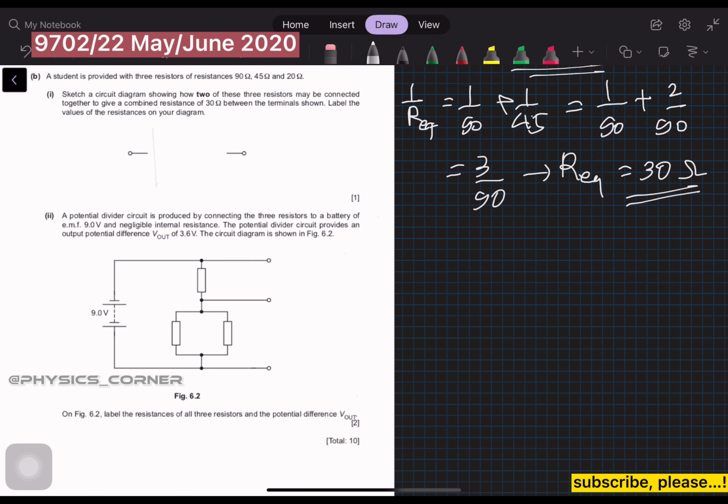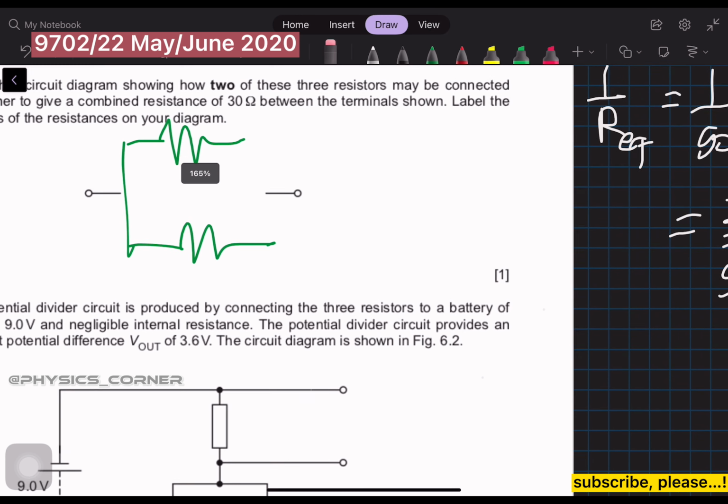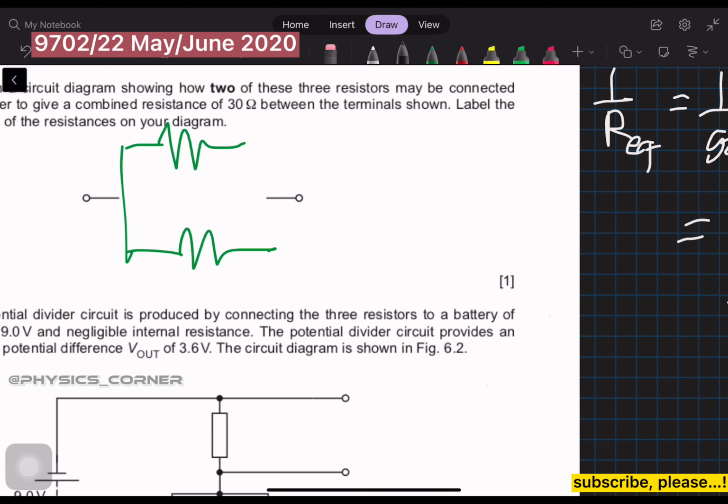Yeah, we can draw it like this: parallel between 90 ohms and 45 ohms.